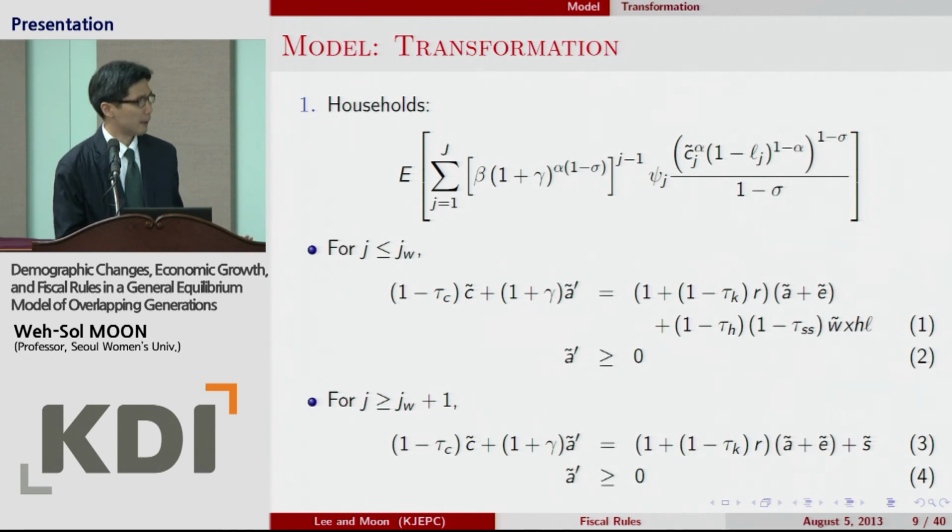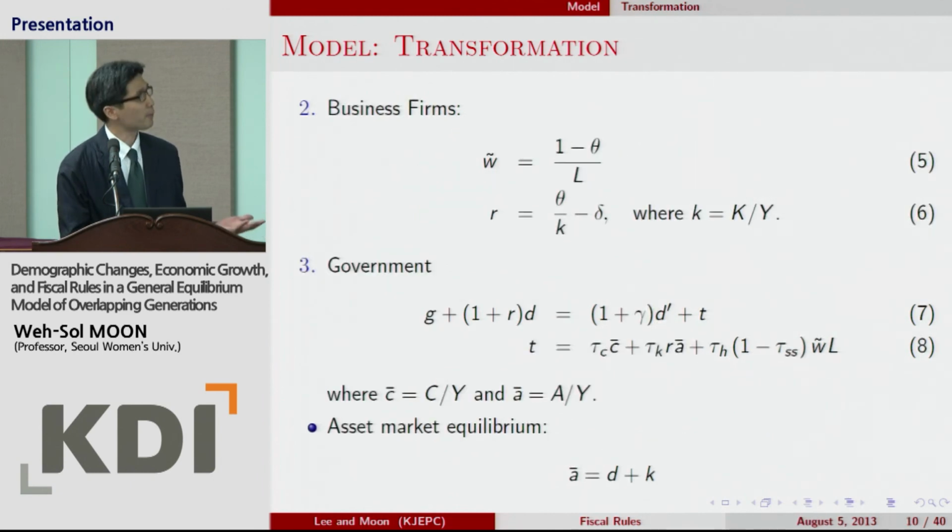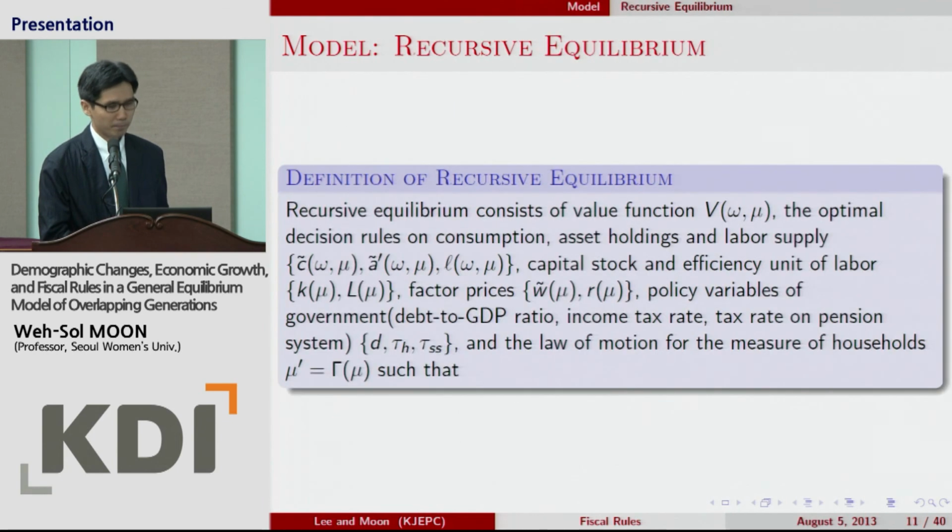As I mentioned in the previous slide, economic growth is exogenous, so we have to transform the model economy like this. Just skip these slides. The same for business firms, the government, asset market equilibrium. This is the definition of recursive equilibrium.